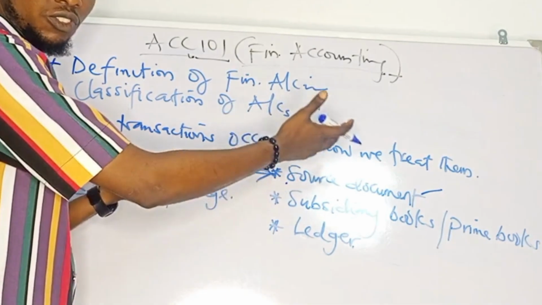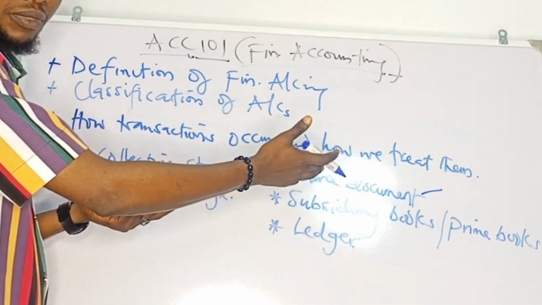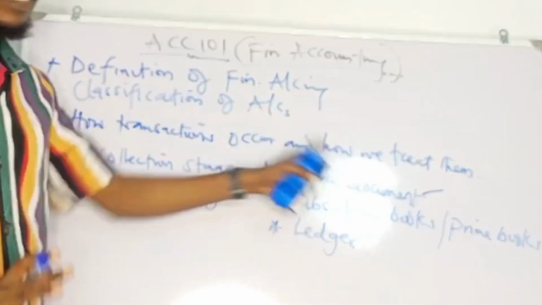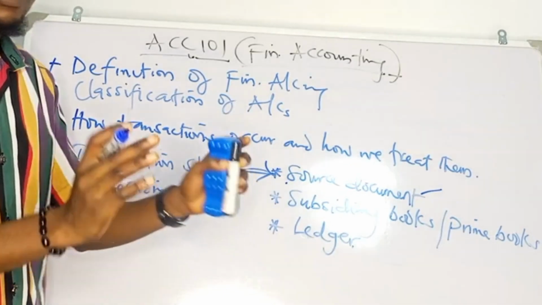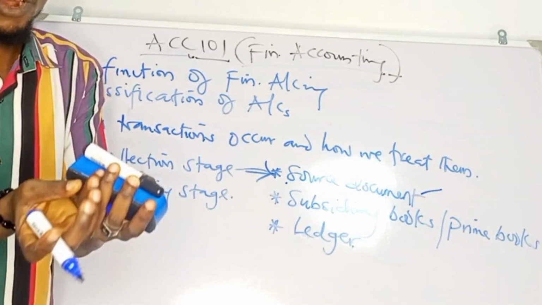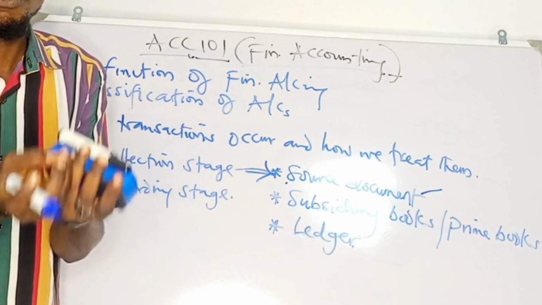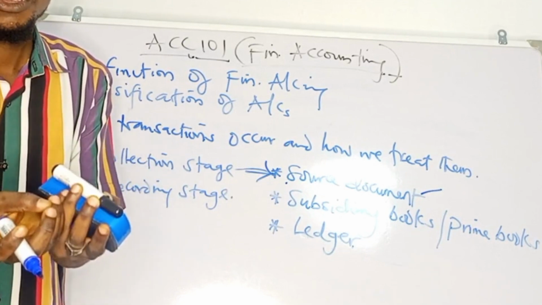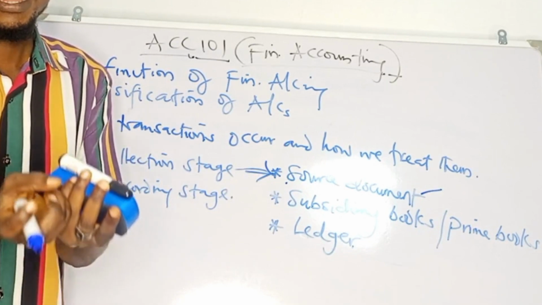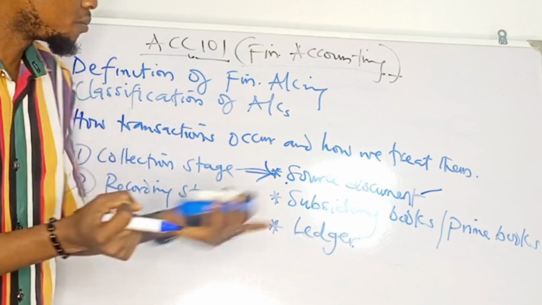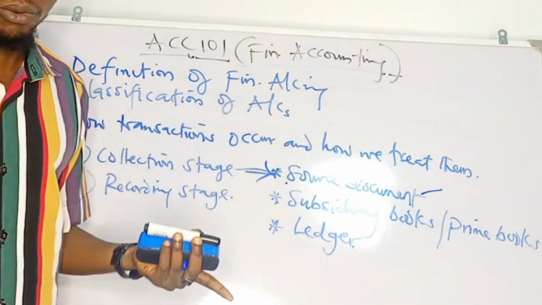They are all examples of source documents. Accounting principles have not taken place here in the source document. It's just the initial stage where you record information in their raw stage, awaiting them to be recorded in their respective books.